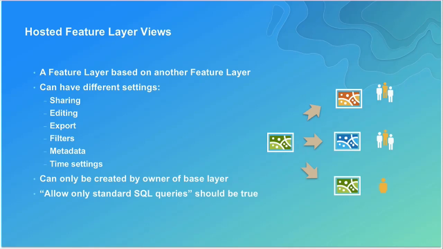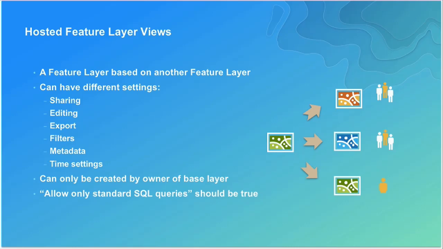So you can set up for instance, a feature layer view that exposes information to the public read-only, then another one that exposes it to a subset of users to be able to contribute data, and maybe to another view that allows someone to curate the data and actually clean it up before it goes public.